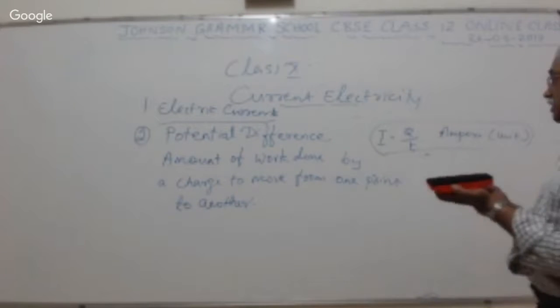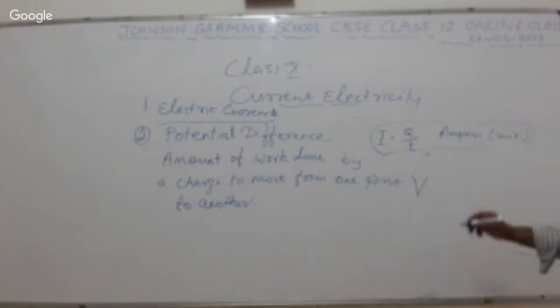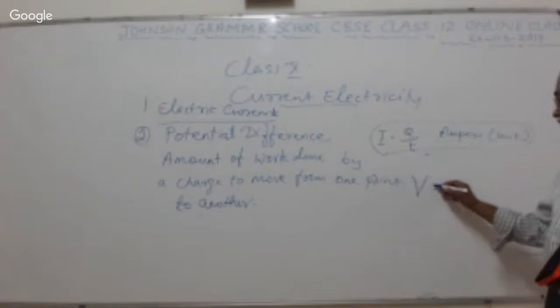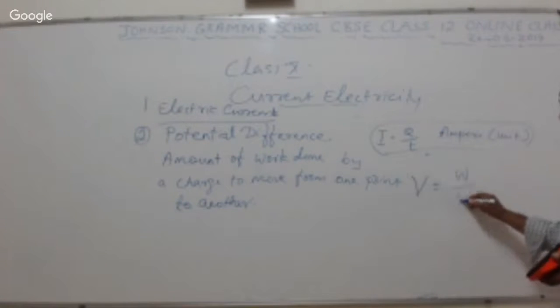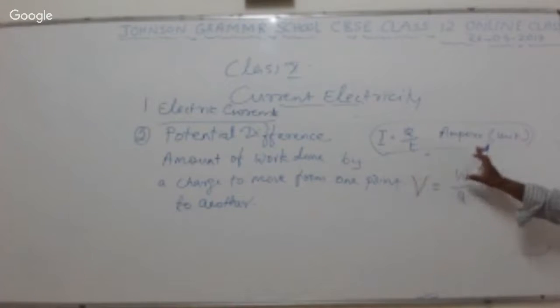Now it is denoted by the letter V. So V is equal to work done by the charge, W by Q. So V is equal to W by Q. So potential difference is work done per charge. It is measured with the unit volt. The volt is the SI unit.